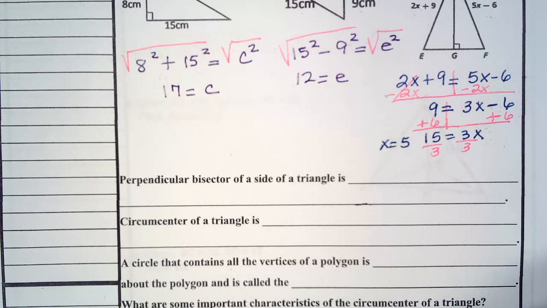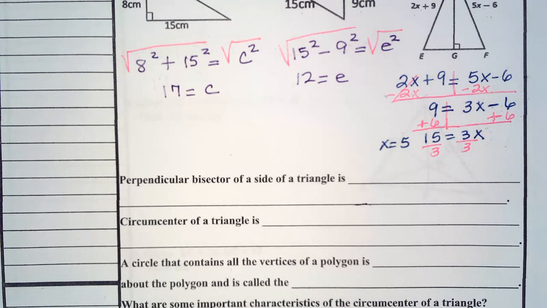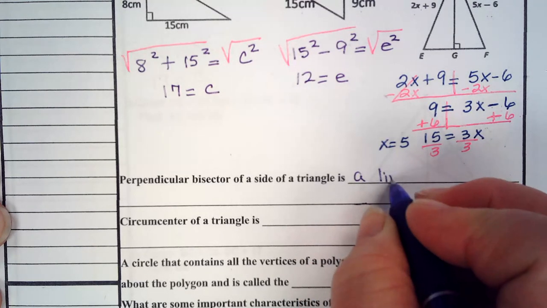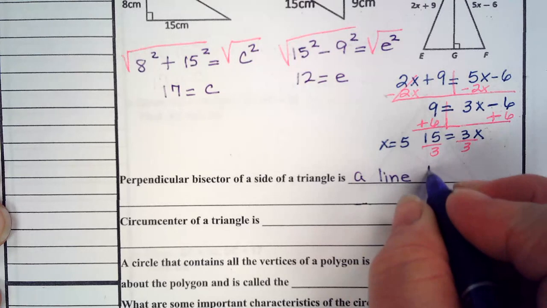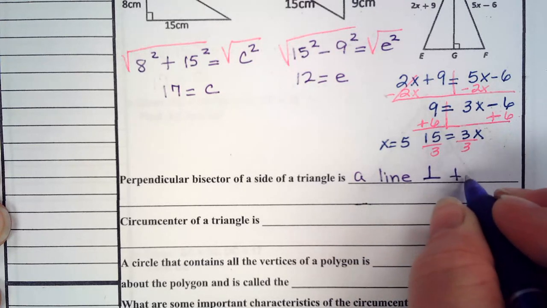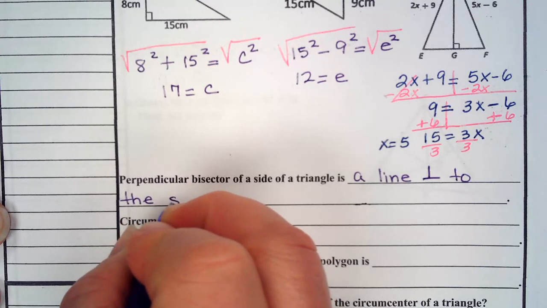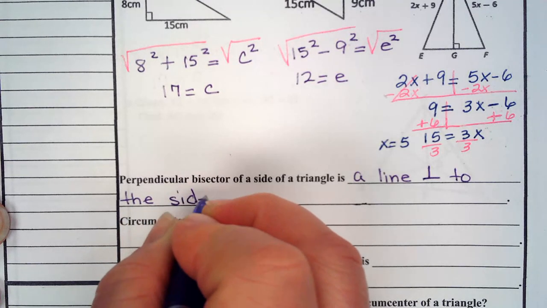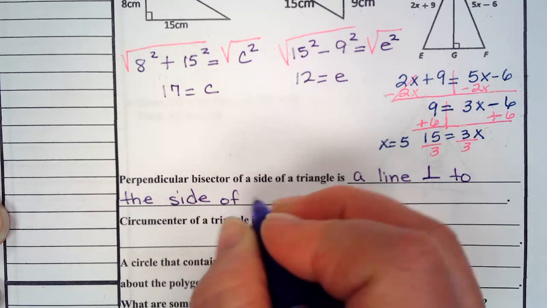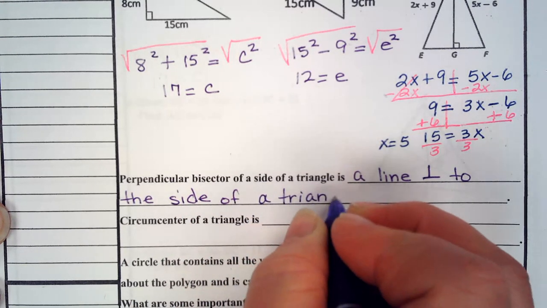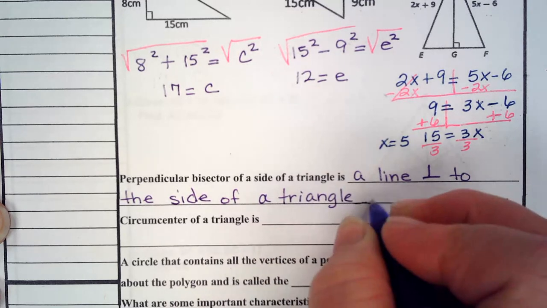Okay, so if we want the definition for the side of a triangle, it's a line perpendicular to the side of a triangle at its midpoint.